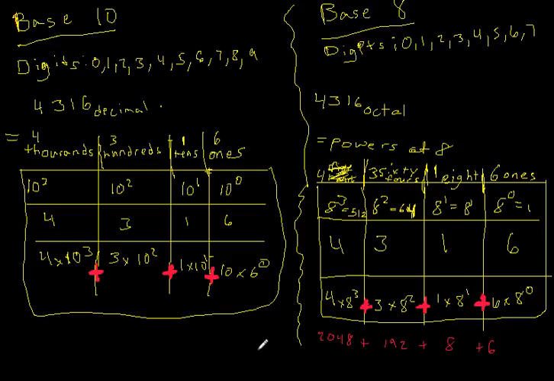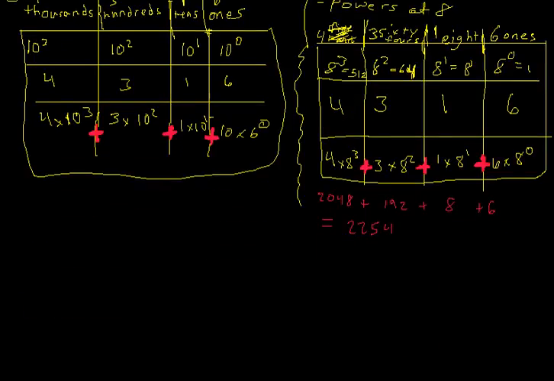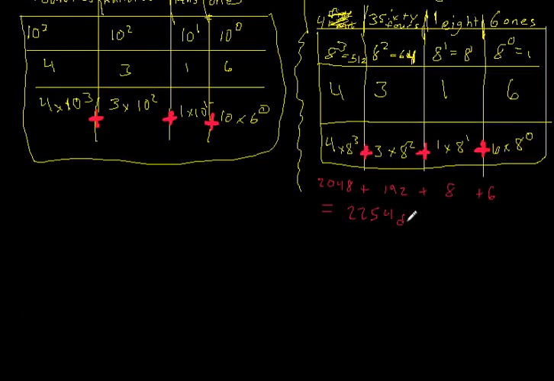And that will actually equal 2,254 in the decimal system. So 4,316 in the octal system equals 2,254 in the decimal system.